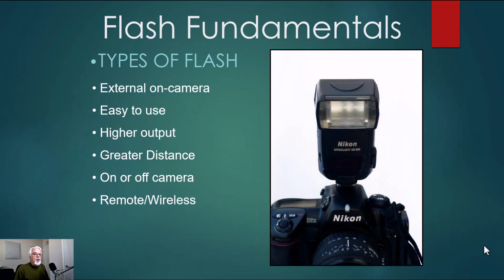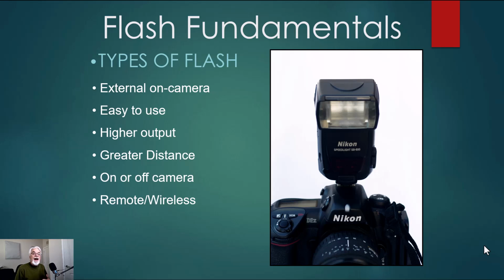Moving on to the more powerful flashes, they are external on-camera flashes like this Nikon SB800, an older model on a friend of mine's Nikon. Again, very easy to use. The advantage here is you pop it in, you turn it on, and if you use all automatic settings, you just take pictures. The nice thing about a flash like this that mounts in the shoe is they got more power.